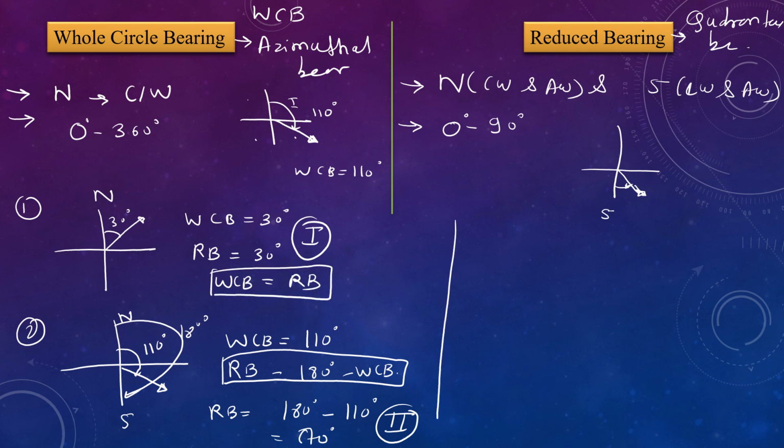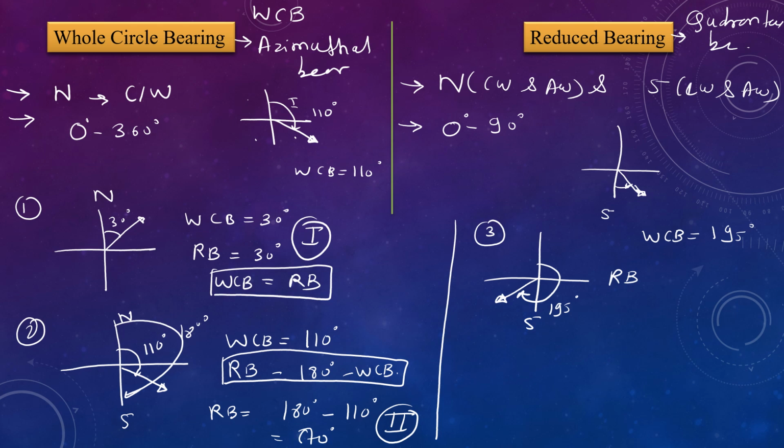Then the third condition, if we take the angle in the third quadrant, this is the angle. Assume this angle as 195 degree. Okay, so the WCB value is equal to 195 degree. But for the RB, here RB is measured from the south pole because the south pole is near to it.